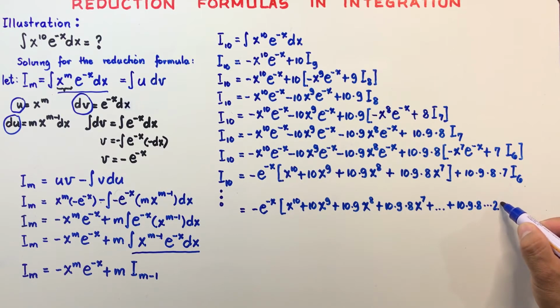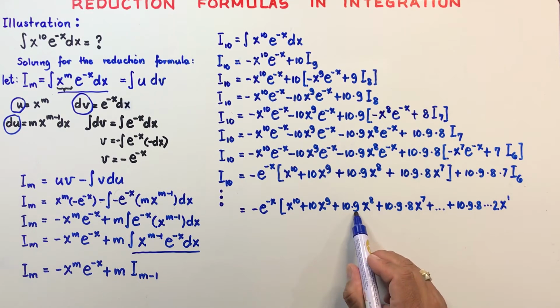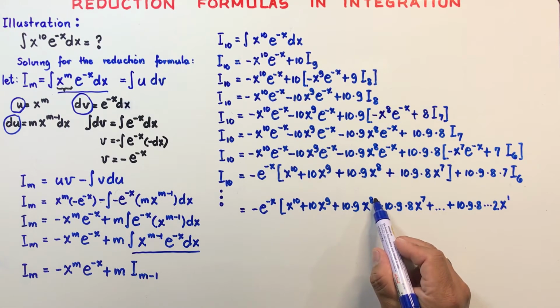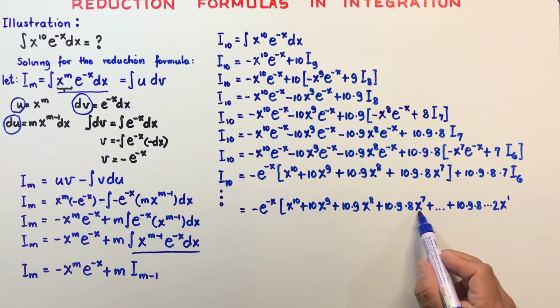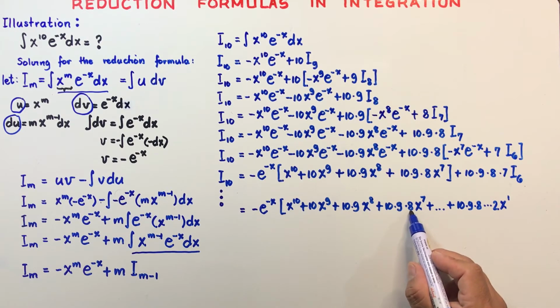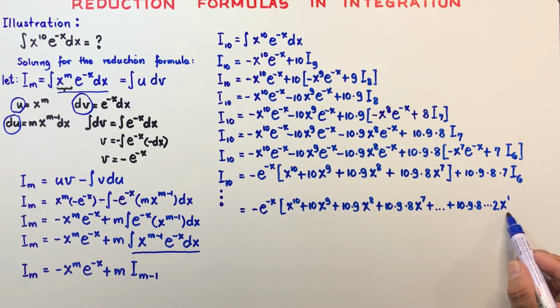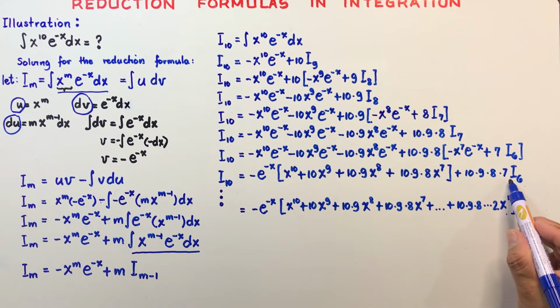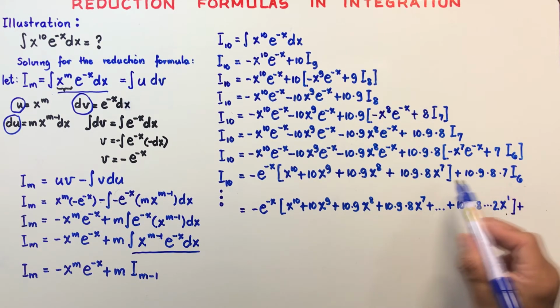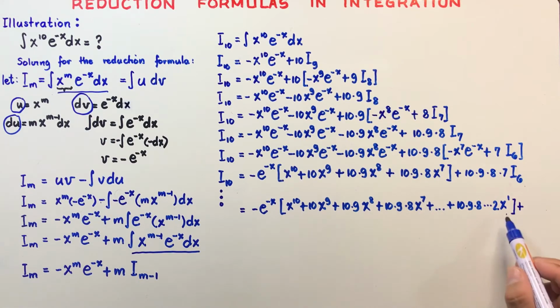And then we have here x to the power 1, because you can check the pattern. If this is 9, the exponent of x is 1 less. So you see here 8 times x to the power 7, the exponent of x is 1 less than the coefficient here, which is 8. So if this is 2, the exponent of x is 1. And this will be added to 10 times 9 times 8 times 7, but this is 1 less from the coefficient here. So if this is 2, 1 less is up to 1.